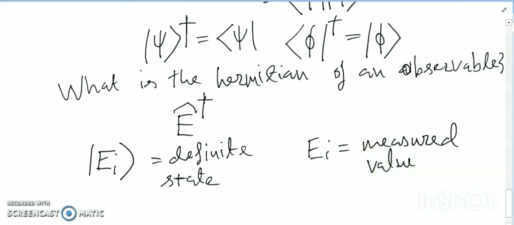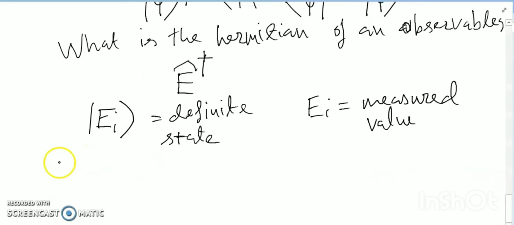Observables must also follow rules from our physical intuitions, which we recapitulated in our previous videos. Number one, eigenvalues must be real.